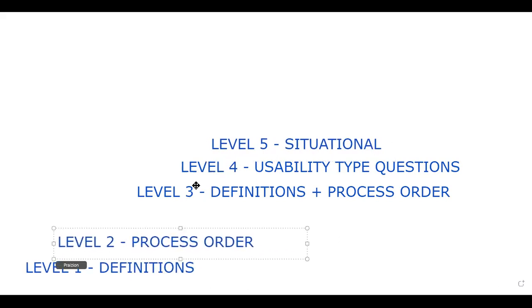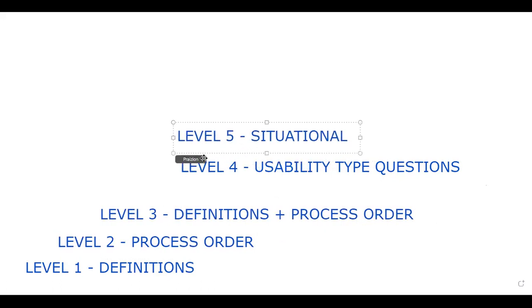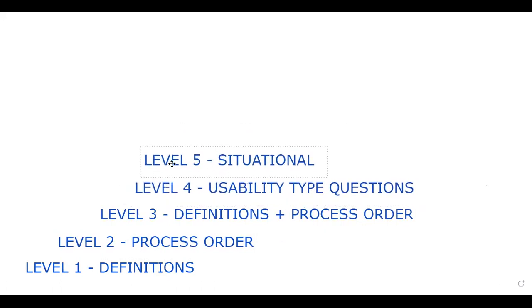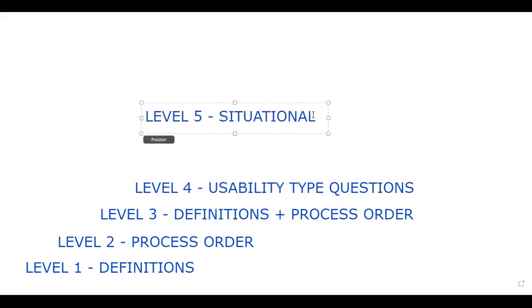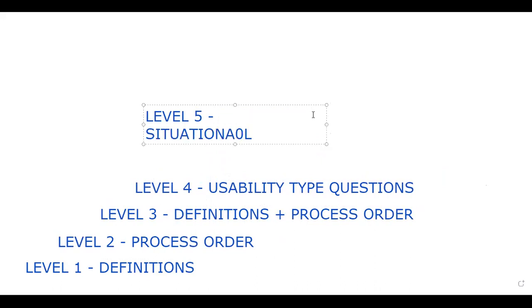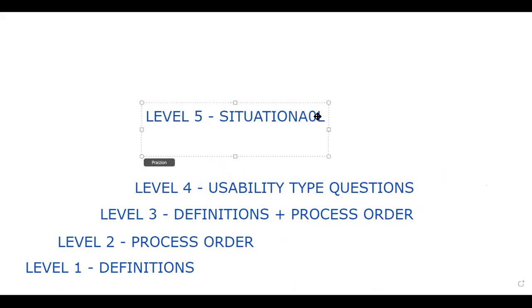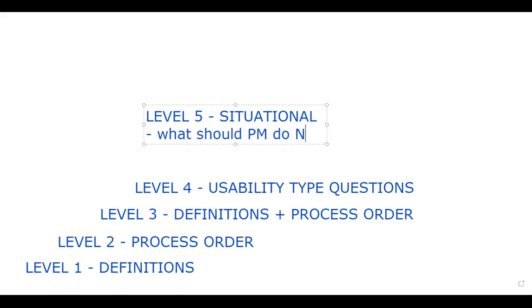So let's break out level five a little bit more to clarify what this means. Level five, when we say situational, you could have situational questions asking, what should the project manager do next? And you can have the question worded in a variety of ways. It could be, what should the PM do next? What should the PM do first?